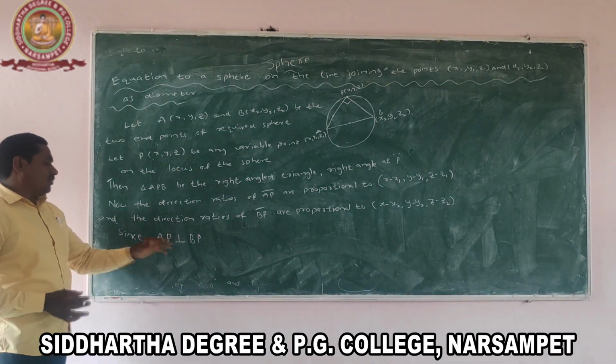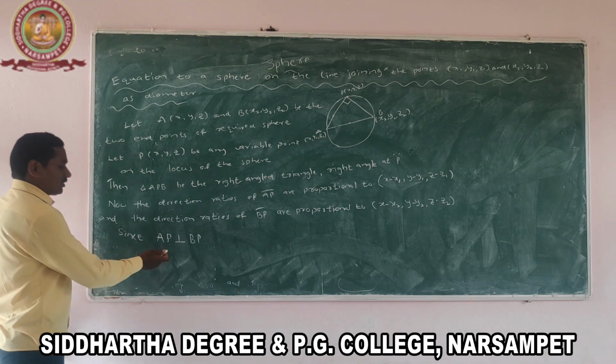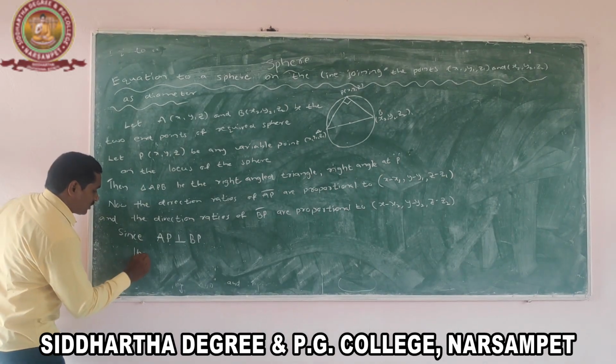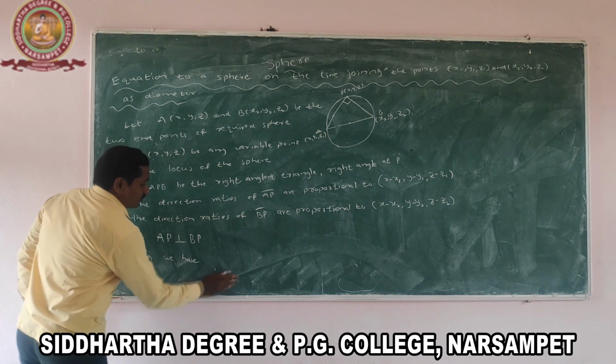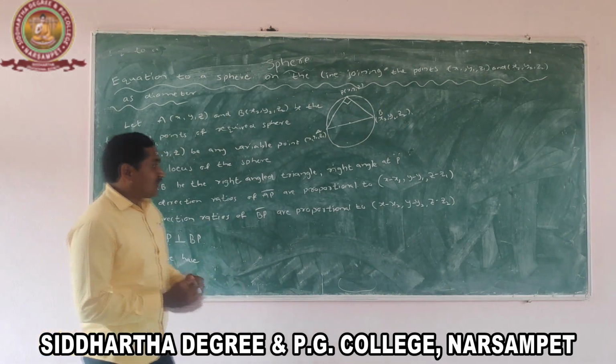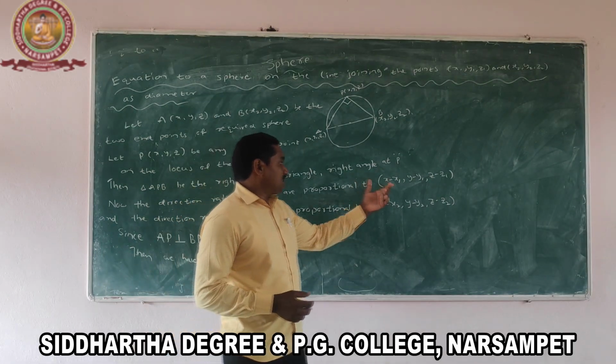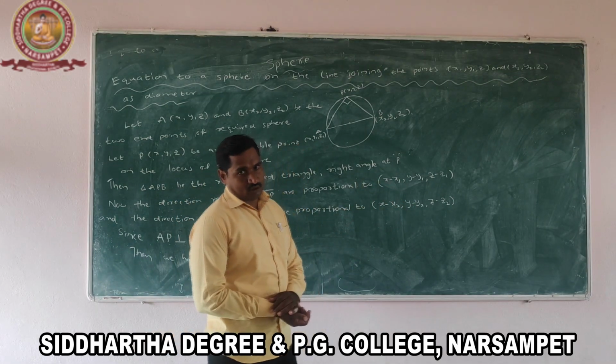So since AP is perpendicular to BP, the sum of the products of the direction ratios must be 0.